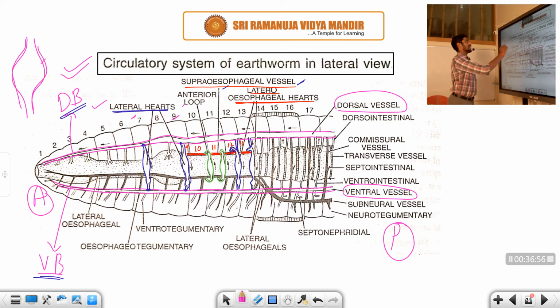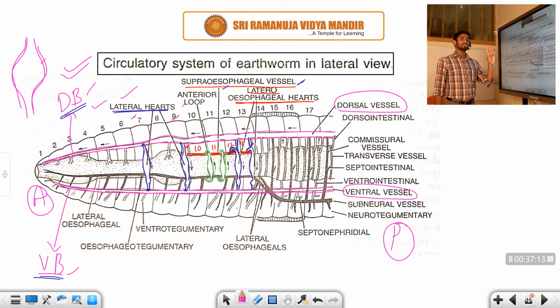First of all, we'll discuss the lateral hearts. Lateral hearts are very thick and located in the 7th and 9th segments. They attach to both the dorsal and ventral blood vessels. The next part is the lateroesophageal heart.